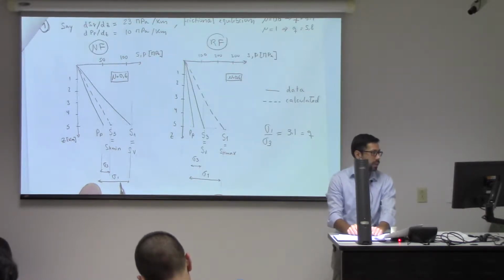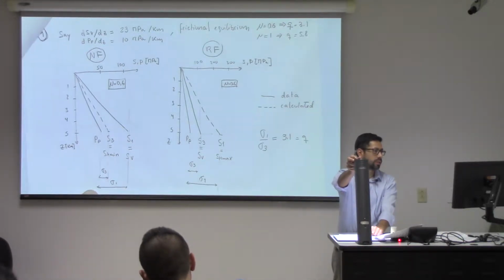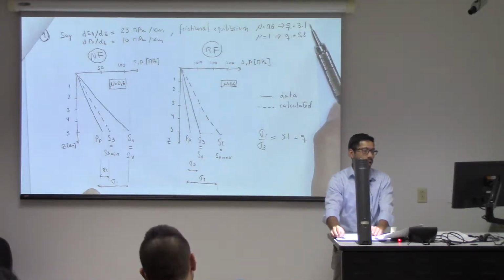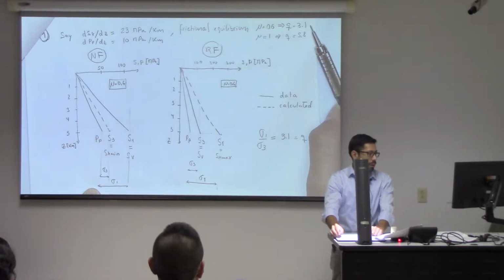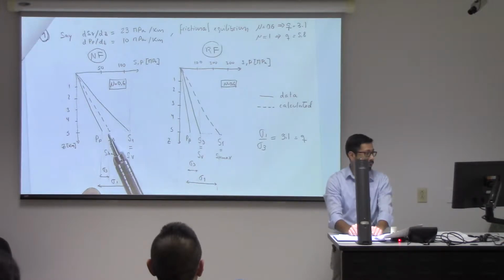And Q, in this case, if you have a friction coefficient of 0.6, is 3.1. So if we know that this is sigma 1, sigma 3 is going to be about a third of that. And this is going to be sigma 3. You add that to pore pressure, and you get your minimum principal stress.